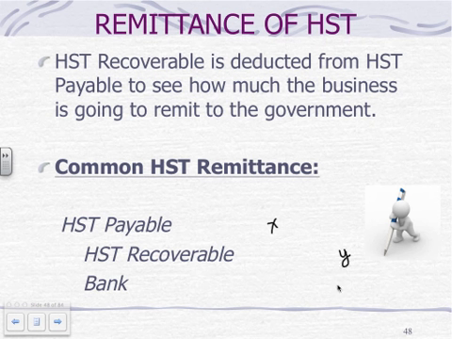The difference of the two, because most likely your company will have to pay more to the government than they can recover, would be the bank amount, and that's how much your company would be sending to the government in the form of a check. If your HST recoverable is greater than your HST payable, as previously discussed, instead of crediting bank, you would be debiting it for the difference.